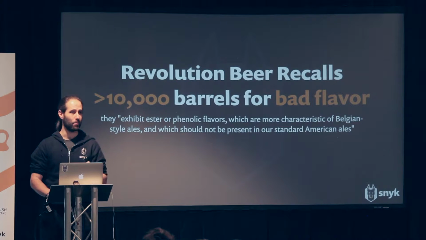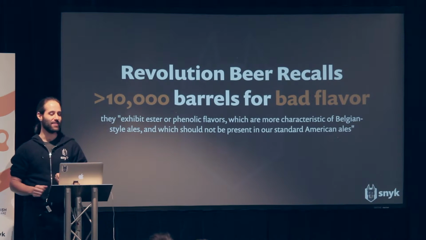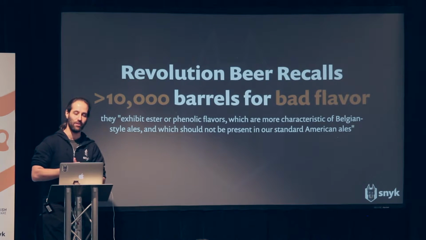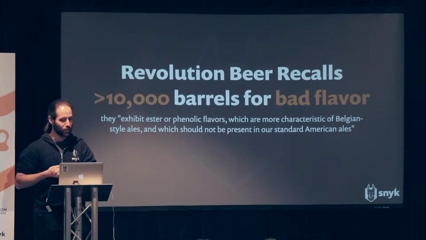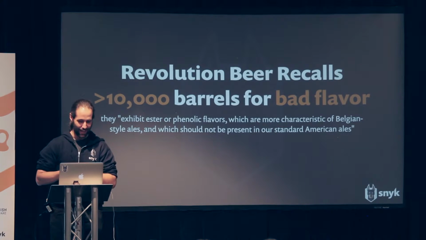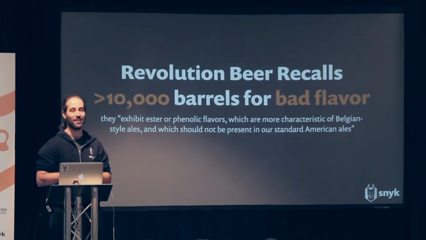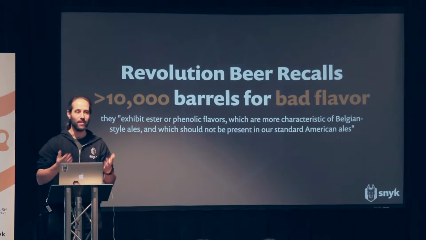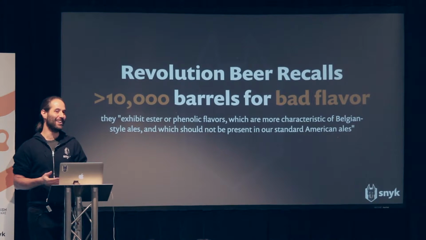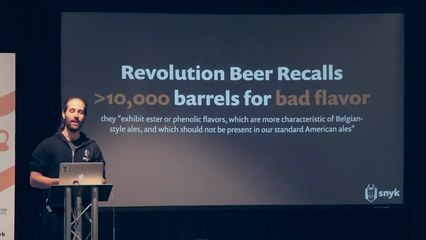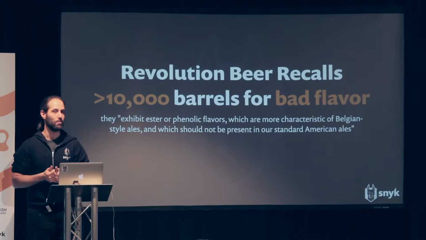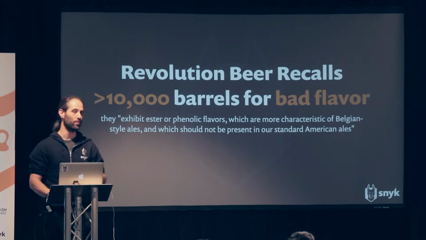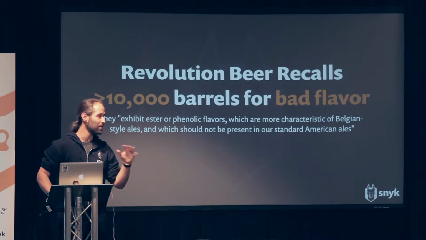One example is Revolution beer, which recalled about 10,000 barrels because they exhibited ester or phenolic flavors, which are more characteristic of Belgian-style ales and should not be present in our standard American ales. They made the decision to do this expensive recall because the beer doesn't taste as it should, and they think that overall, over time, it would pay off. So that's the second type.